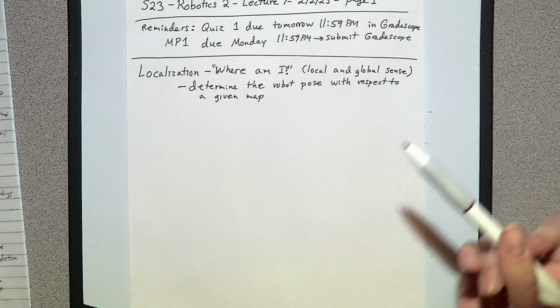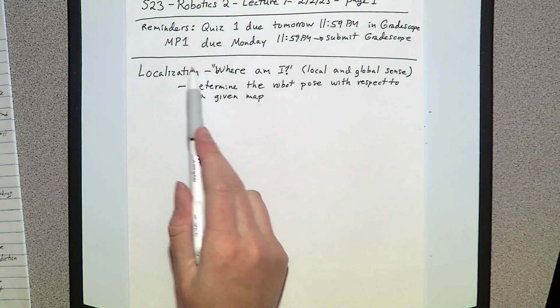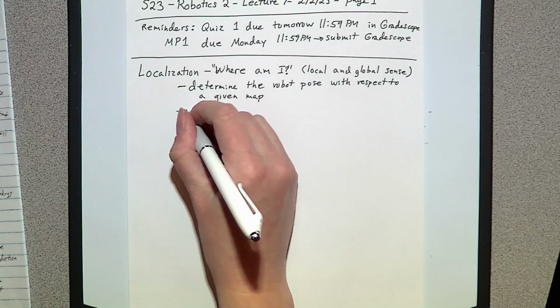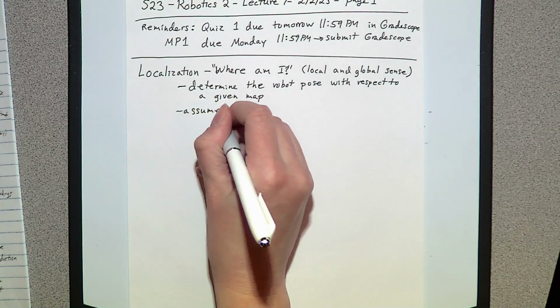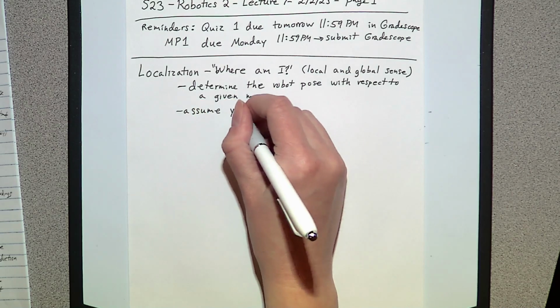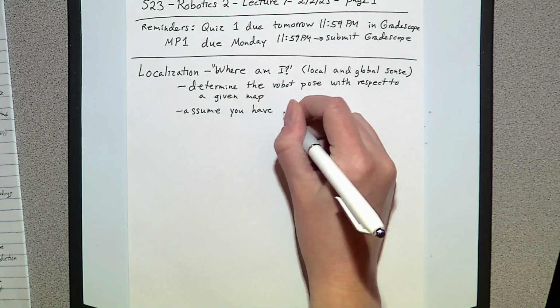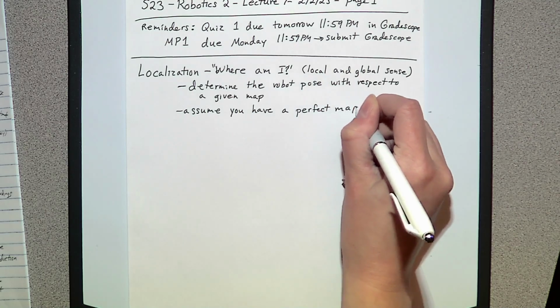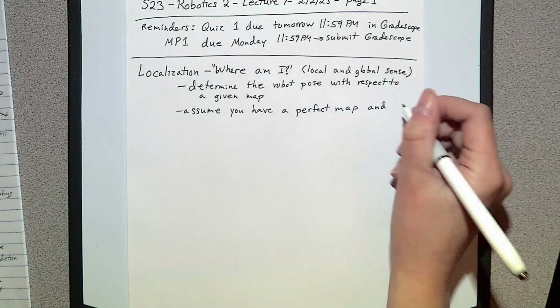So basically with localization, just pure localization, what we're assuming is that we have a perfect map and imperfect sensing.